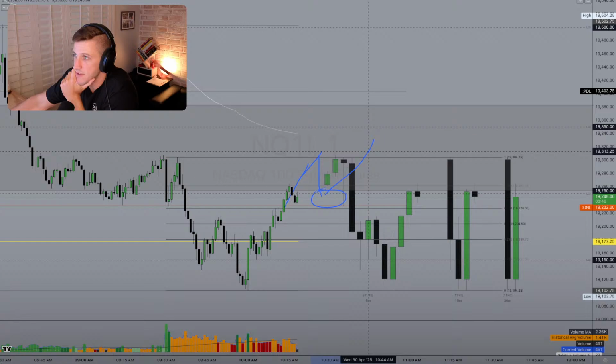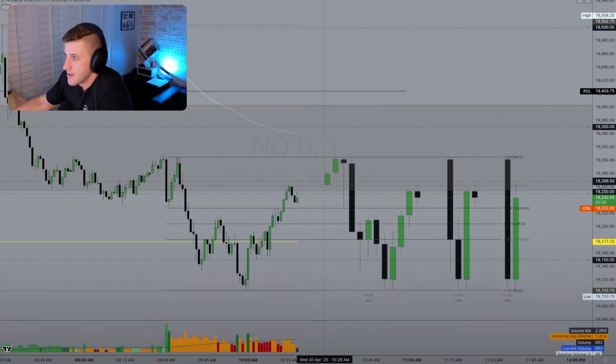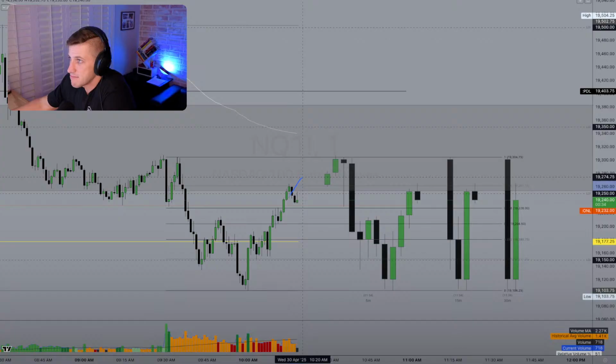Extension above 250 and pull back, but ideally new high of day. Give me new high of day and then a retracement. I really don't want something like this, a micro pullback. I don't really love that.